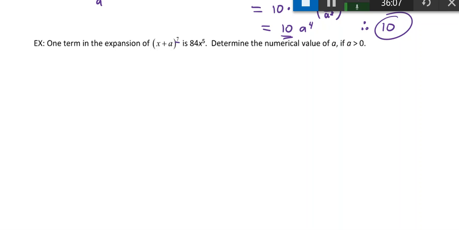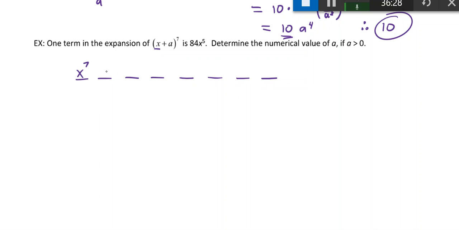So it's power of 7, so there are 8 terms. So we've got 1, 2, 3, 4, 5, 6, 7, 8 terms. And then let's use our little pattern here, right? I know for my x's, this is going to be x to the power of 7, right? And then, do you remember they walk their way down?